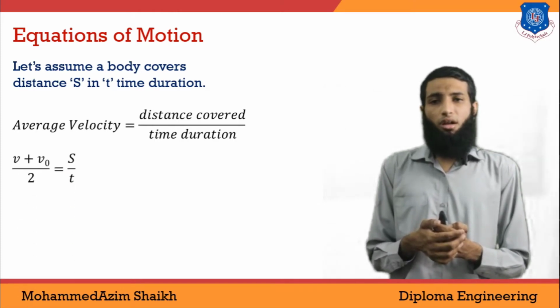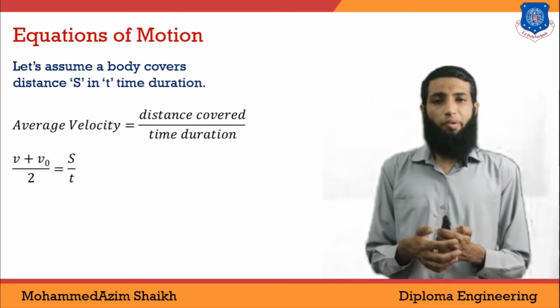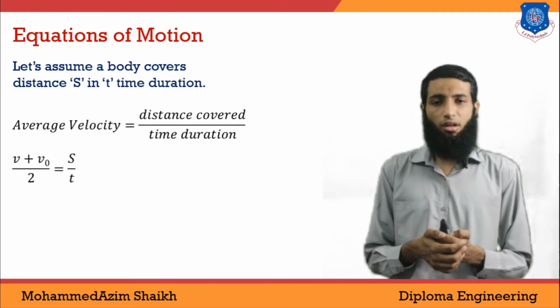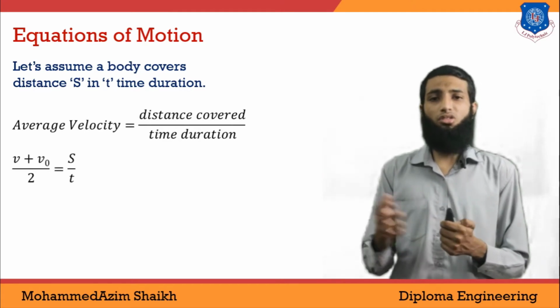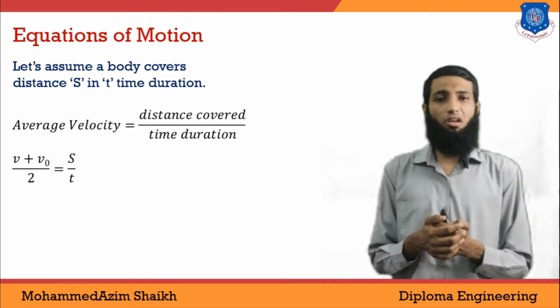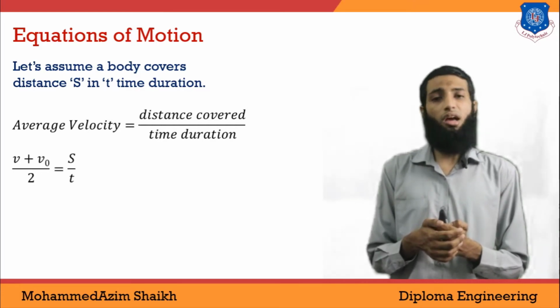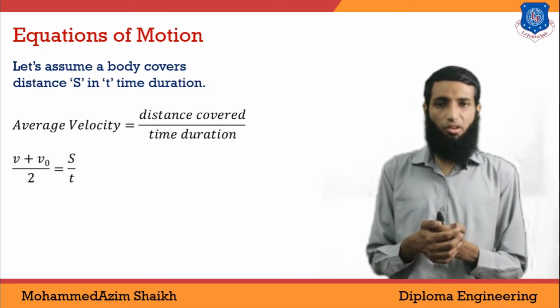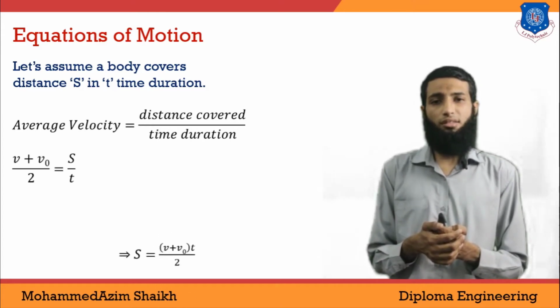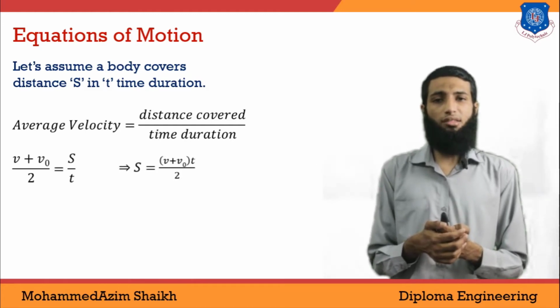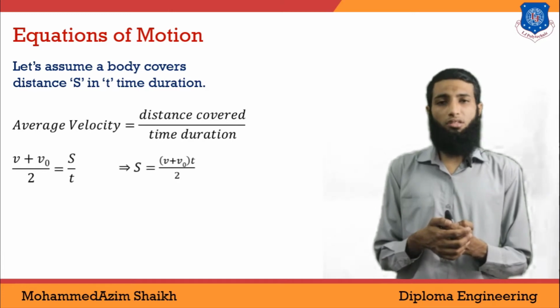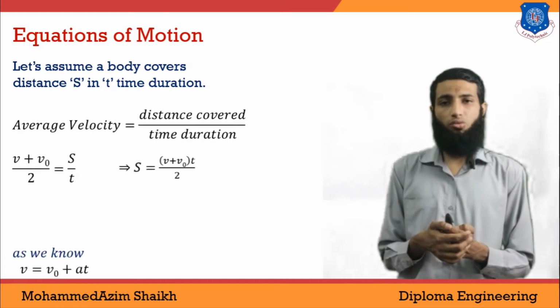The total distance covered is equal to capital S and the time duration is small t. The initial velocity is v0 and the final velocity is v, so we can take the average as v plus v0 by 2. Making S the subject, we can write S is equal to v plus v0 into t by 2.